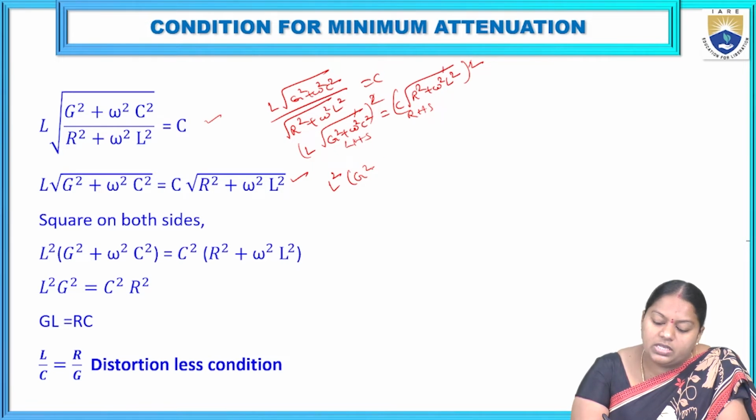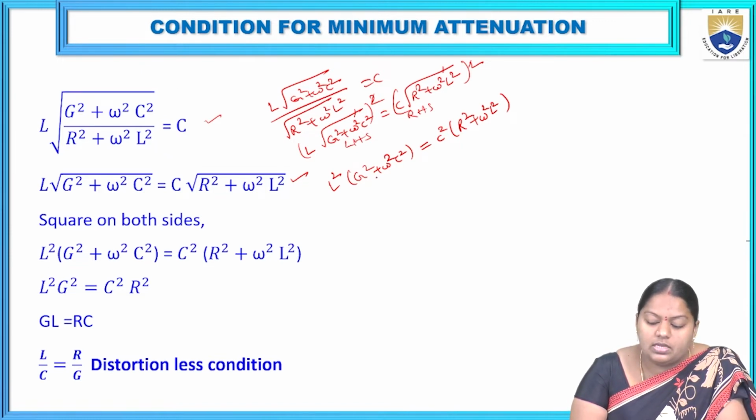Square will be left out, means g square plus omega square c square, which is equal to c square into (r square plus omega square L square). Okay, so that will be L square into (g square plus omega square c square), which is equal to c square into (r square plus omega square L square).